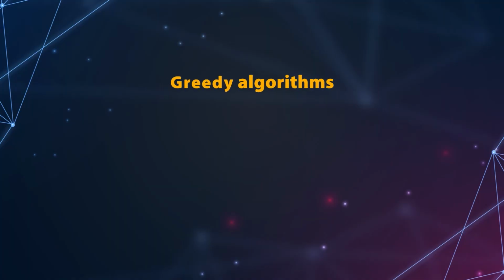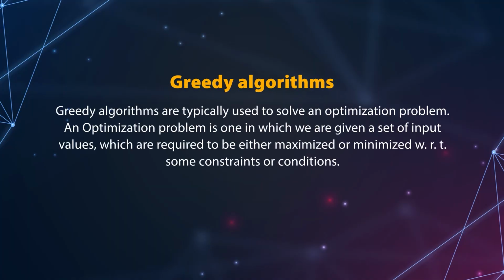algorithms. So starting with that, greedy algorithms are typically optimization algorithms. What happens is that you are given a problem, and on that problem you have to establish a goal. The goal can be that you have to maximize or minimize something, like maximize or minimize profit based on a specific number of constraints.